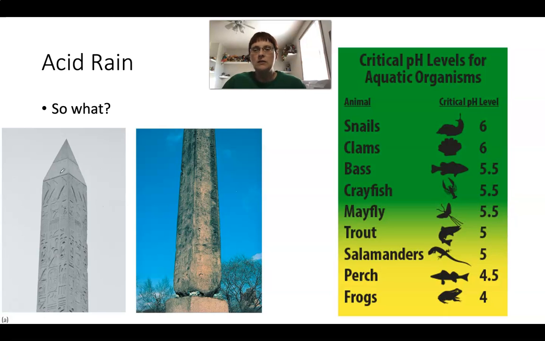This is what it looked like when it was installed. You can see all kinds of carvings and so forth on the monument. This is what it looks like today. Extremely discolored, but also the carvings aren't very sharp anymore. And this is because the material it's made out of is being dissolved by this acid rain.